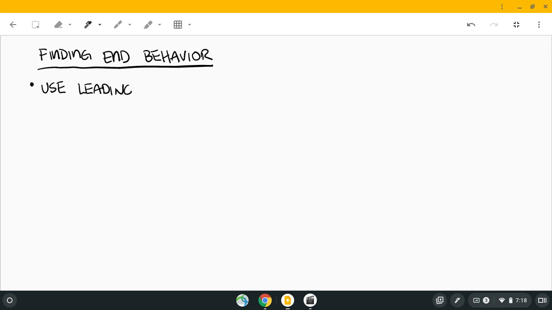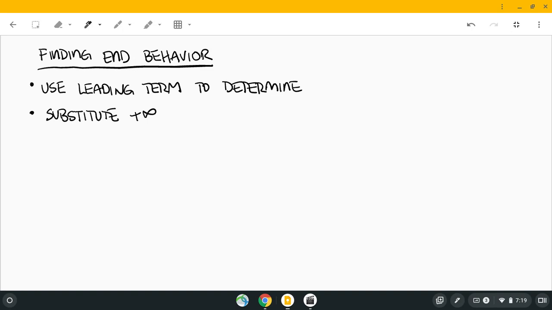So you need to make sure it's in descending order. So you use the leading term to determine it. And we are going to substitute positive infinity into the leading term.